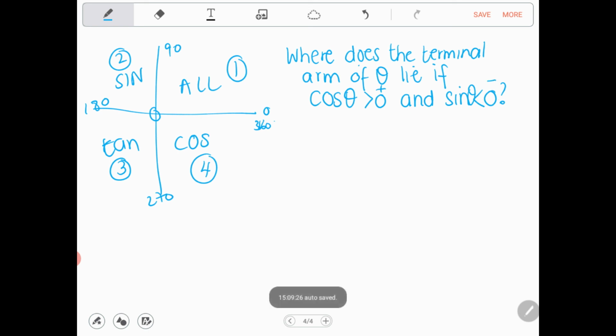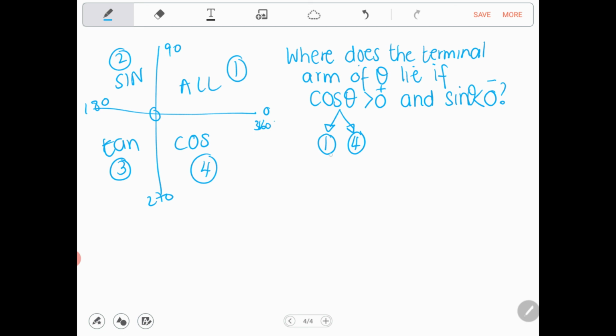So again, we're going to start with the positive because this diagram shows me where the ratios are positive. So cos is positive in quadrant 1 and in quadrant 4. So all positive in quadrant 1, only cos positive in quadrant 4. So that's the two quadrants where cos is positive. So of these two, where is sine negative? Well, let's check.